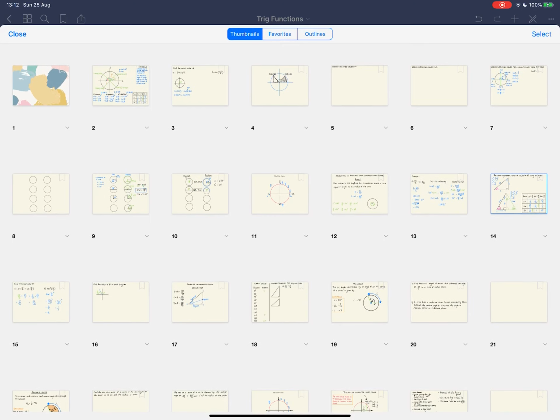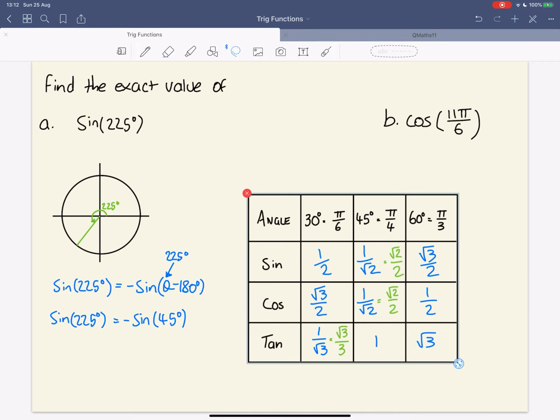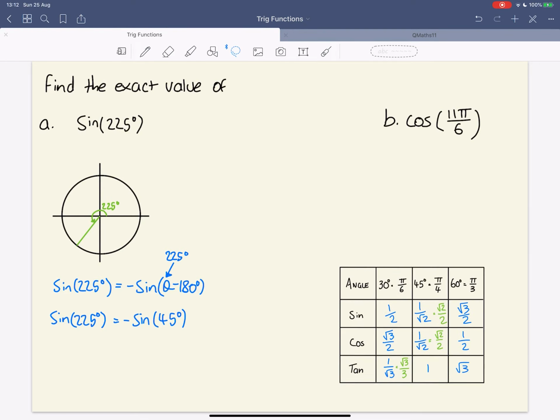Let's go to our original page and paste it in. I'll just make it a little bit smaller. And so if we look at it, the sine of 45 degrees is 1 on root 2. So the sine of 225 degrees is equal to negative 1 on root 2.